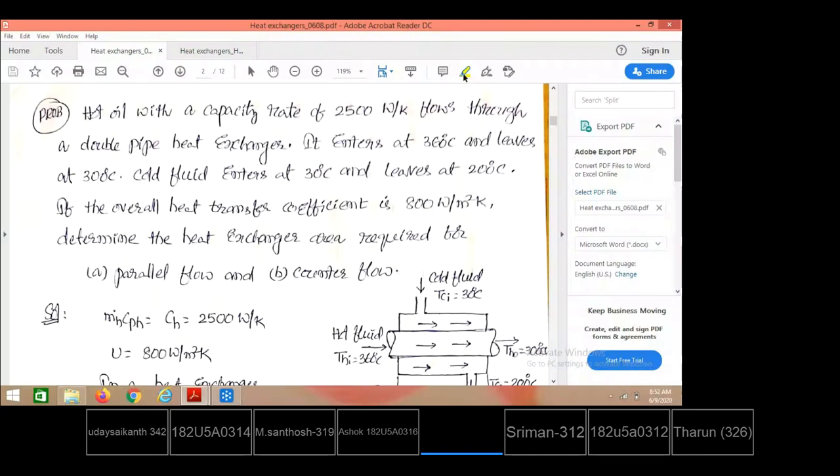Fouled means clean surfaces get deposited with foreign particles or dust particles. That may be due to particles already existing in the fluid getting deposited, or due to chemical reaction a new substance may be formed over the surface. So the surface may get fouled, we are saying.